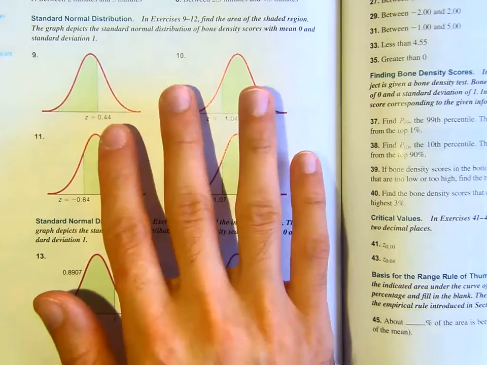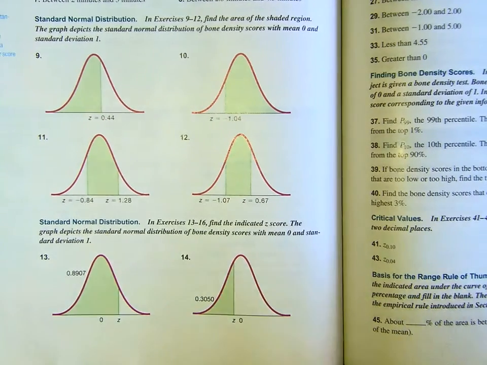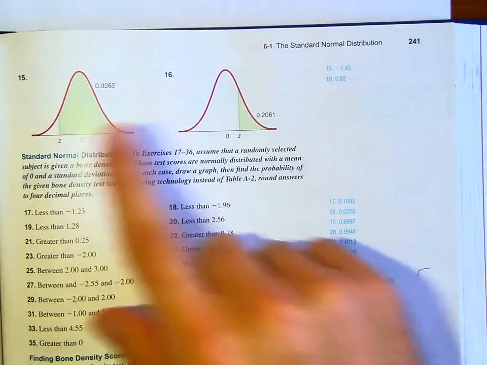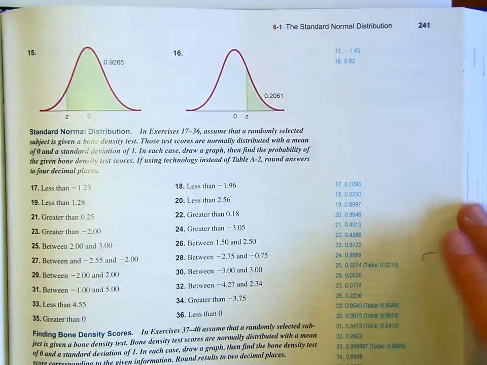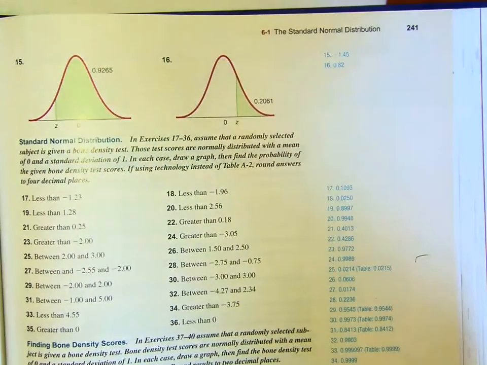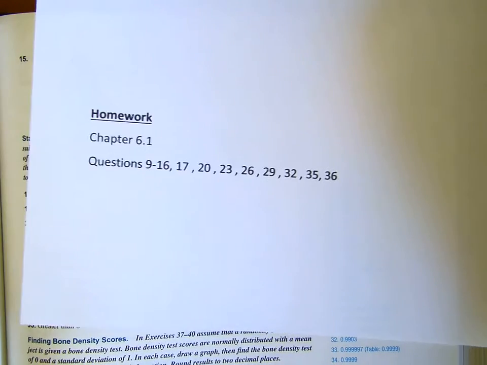Okay, so these 9 to 14 are good. And then also here are 15 and 16, which are also nice questions, so you could pause the video. And also these questions between 17 and 36 are really good. But I only want you to do these questions here.